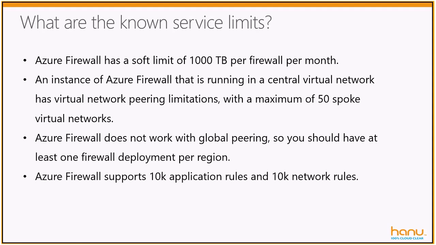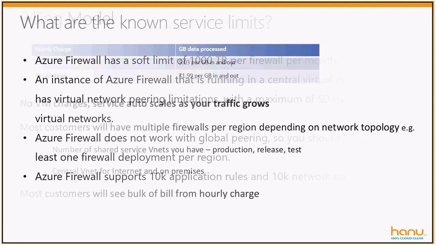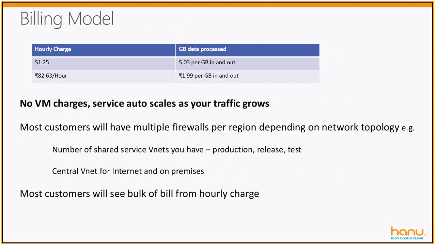You can only include 50 spokes with a single hub, so the firewall will not work after 50 spokes. This soft limit of 1000 terabytes covers inbound and outbound, as they are charging 1.99 per GB in and out.